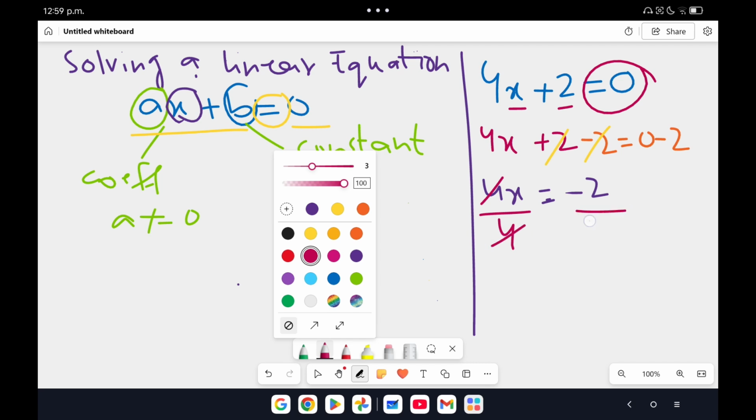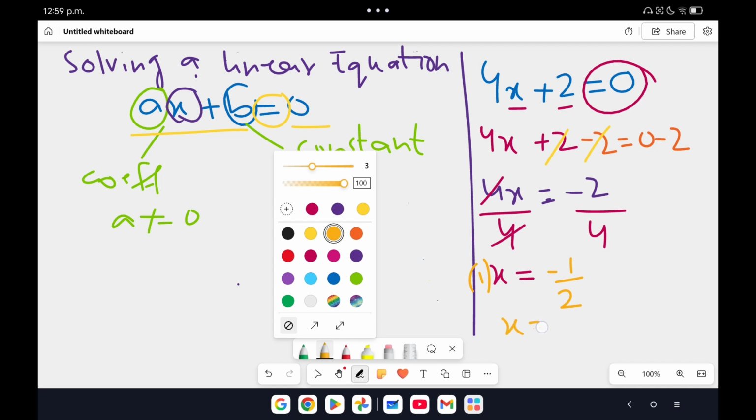Similarly, we put this 4 at the right hand side also. So now at the left hand side there is only x left with the coefficient equal to 1, and at the right hand side, after solving this fraction, we'll have x equals to negative half.